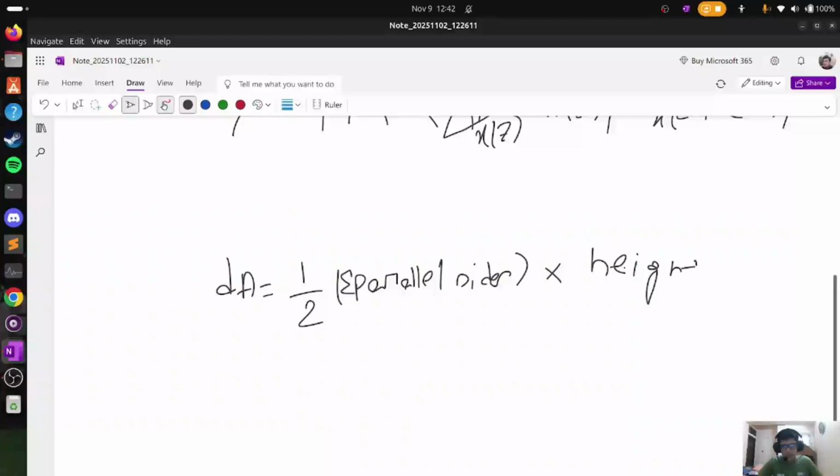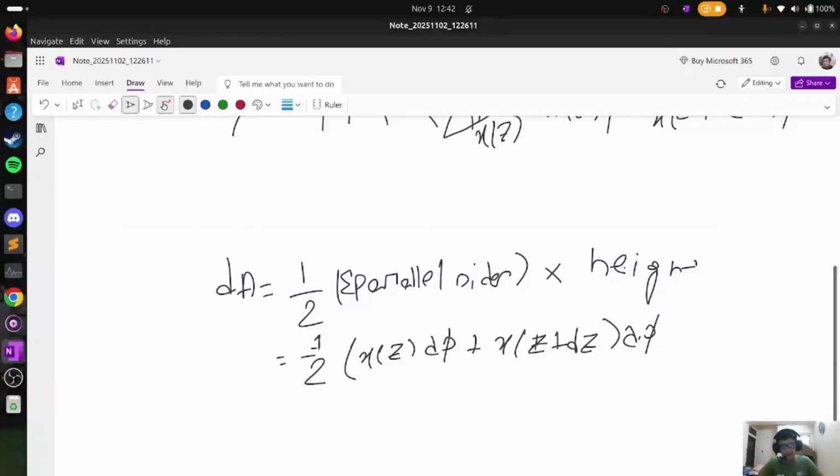So what do we have here? We have x of z d phi. So we also have x of z plus dz d phi. Okay, so the height is the slant length. So our height is ds.